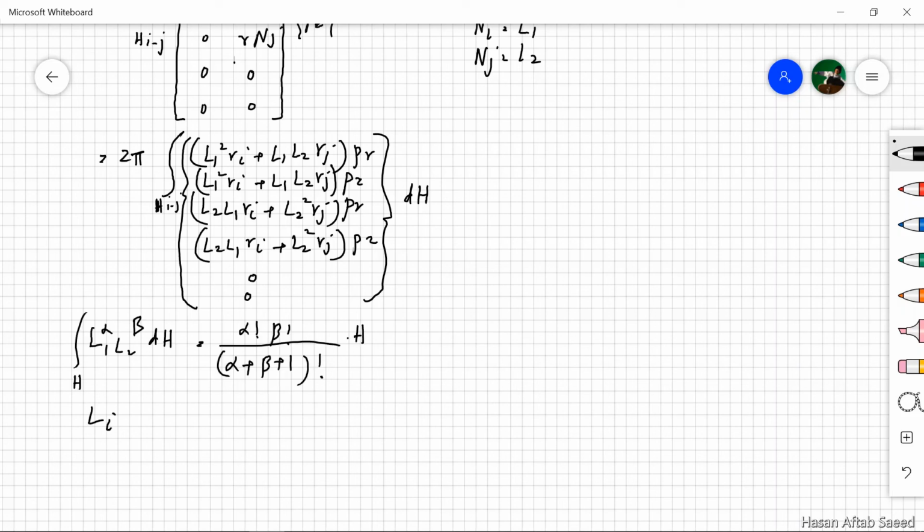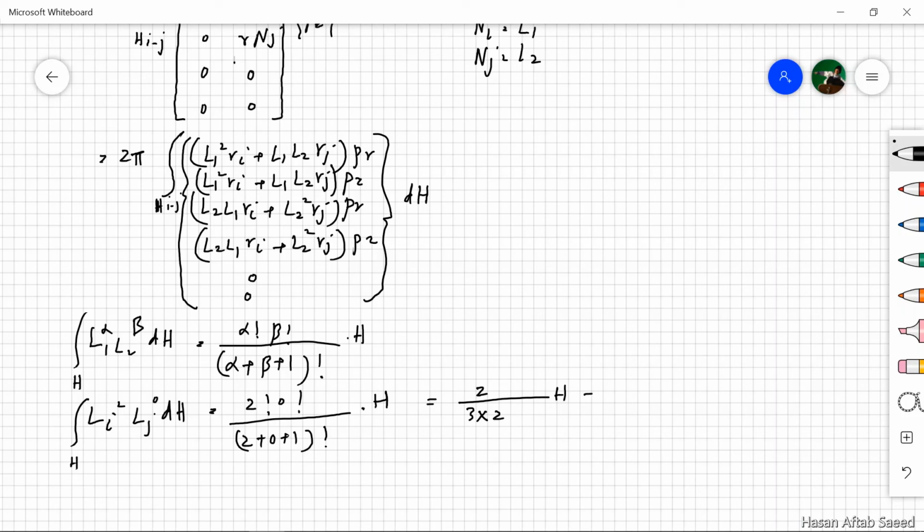One is Li square Lj 0 dh, which is simply 2 factorial 0 factorial over 2 plus 0 plus 1 factorial into h, which is 2 over 3 into h, which is h over 3.